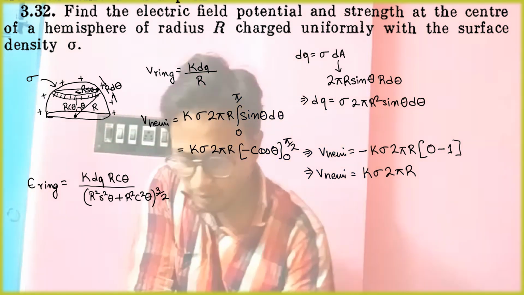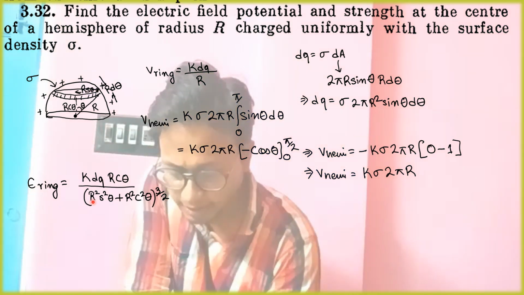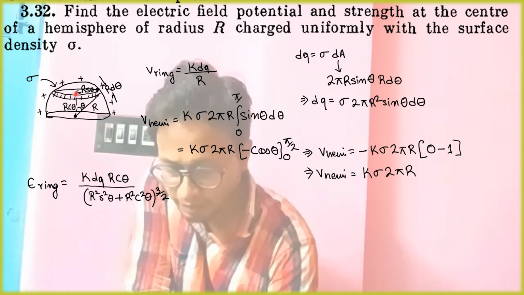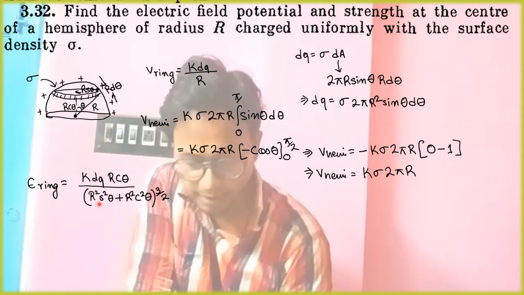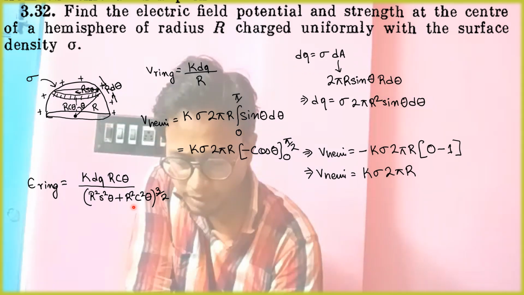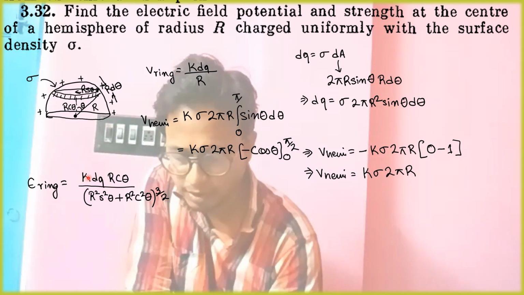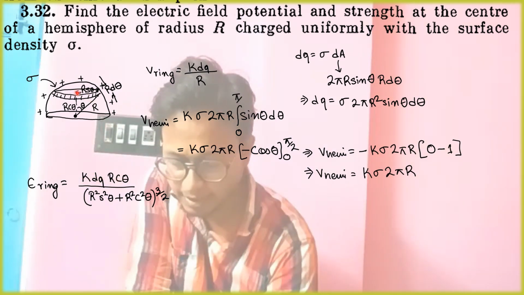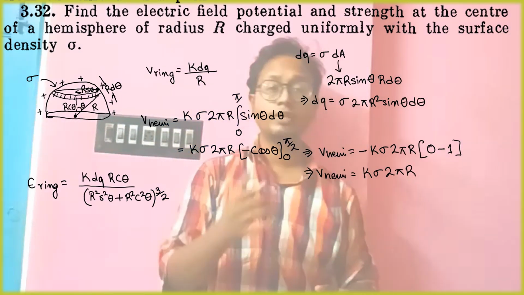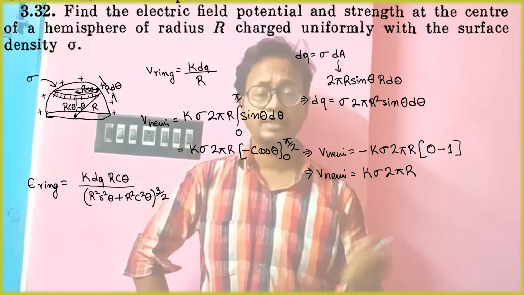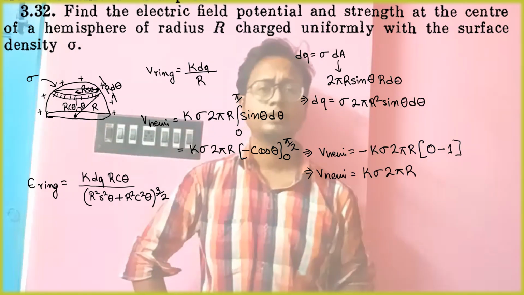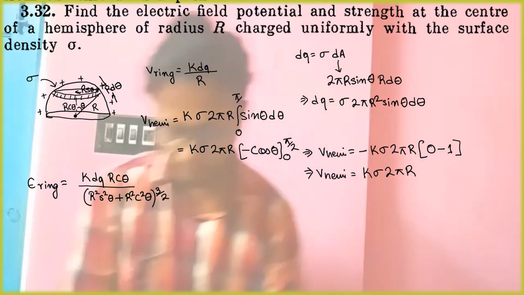Out here, what is the value of r? The value of r is nothing but R sin theta. What is the value of x? The value of x is nothing but R cos theta, isn't it? So r square plus x square to the power 3 by 2. Remember the formula for electric field due to a circular ring on the axis, k q x divided by r square plus x square to the power 3 by 2. That is the same formula I am using out here.